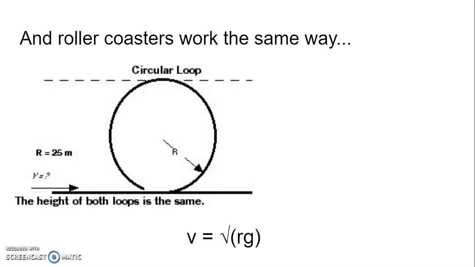The minimum speed to make the loop is equal to the square root of r times g. So of course, roller coasters are designed with this sort of thing in mind. They obviously are going to hit that curve with a speed that is greater than the minimum speed because there's friction, etc. But you can engineer this for maximum thrills, obviously.